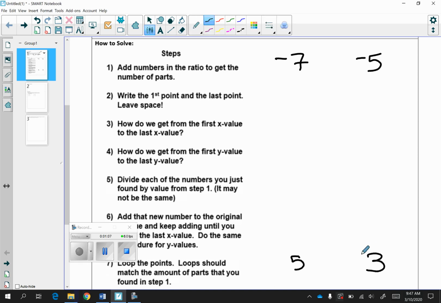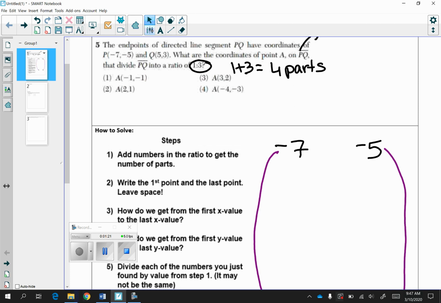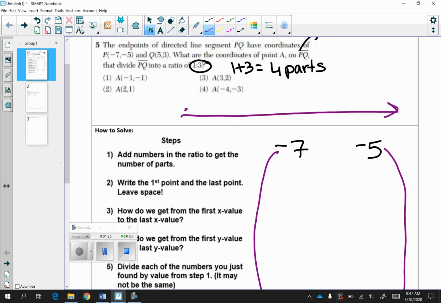We want to give ourselves a number line because we want to know how do I get from -7 to 5 and how do I get from -5 to 3. So we just make sure we get all the points that are in our problem on it.